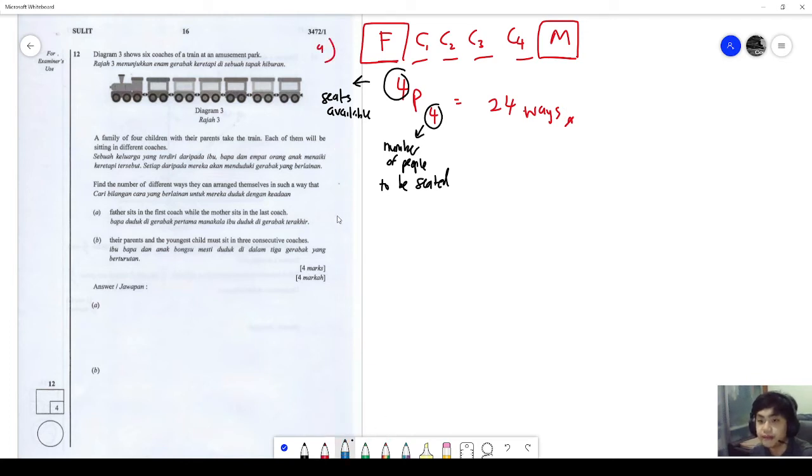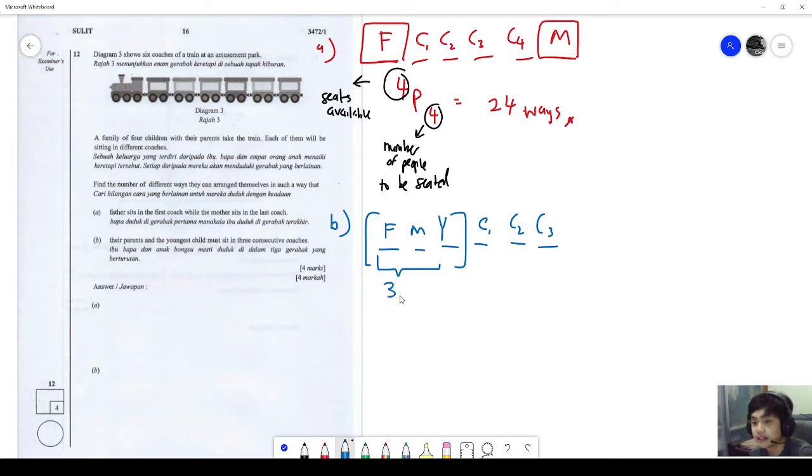So question B. The parents and the youngest child must sit in 3 consecutive coaches. Now, the way that it's structured is a little bit different. The father, mother and the youngest child, I'll just say Y, must sit in one coach, so the rest of the children are outside here. Within this fixed group they can switch their positions as well.